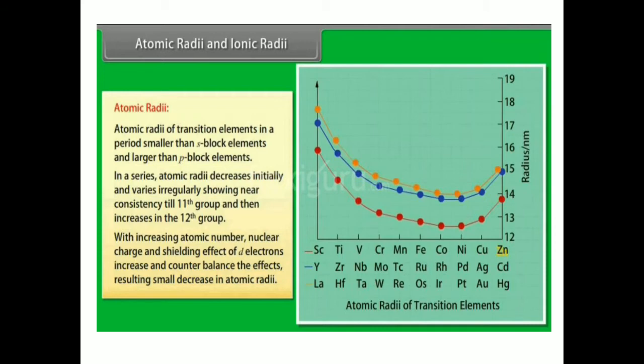Atomic radii is the distance between the nucleus and the outermost electron of the atom. Ionic radii is also the same: the distance between the nucleus and the outermost electron of the ion.